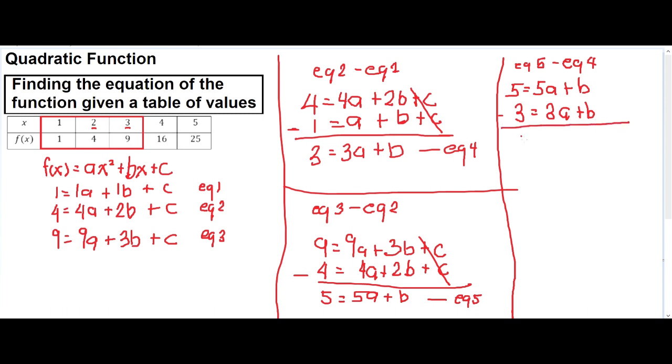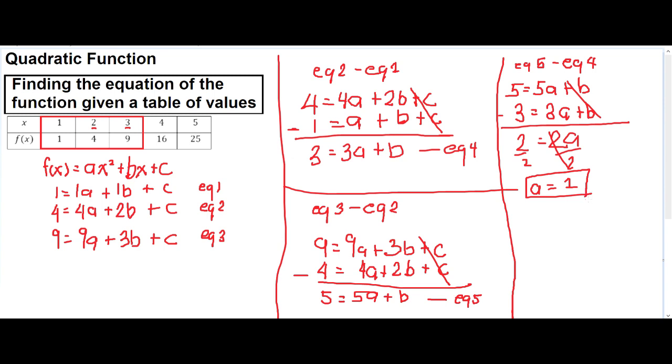Now 5 minus 3 is 2. 5a minus 3a is 2a. And b minus b is cancel. Then, pag nakuha mo na yan, hindi ka na maglalagay ng equation 6. You can now solve for a dividing both sides by 2. Cancel mo yan. a now is equal to 1.